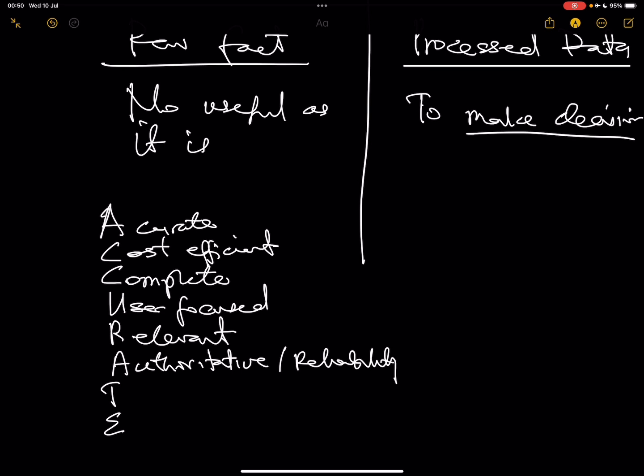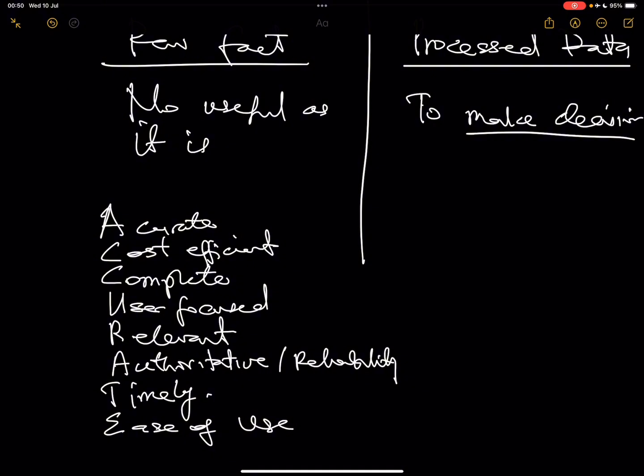So if I say I've gotten this information from this place, you trust and believe that it is correct. And it has to be timely. What is the use of a financial statement that's been produced 5 years after the year end? The event has passed and it is no longer useful. And ease of use as well. It must not be complicated, so it must be easy to use.